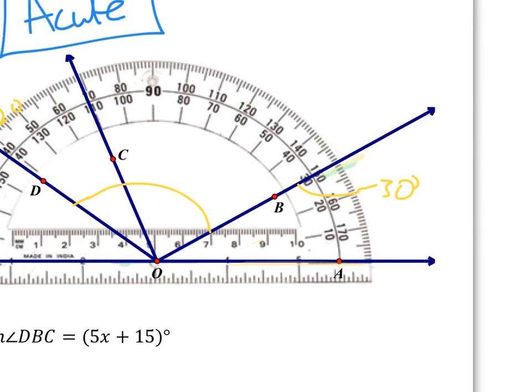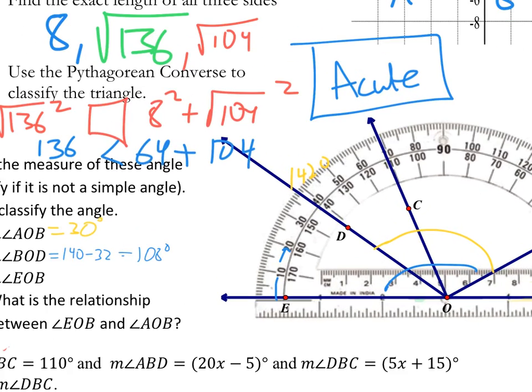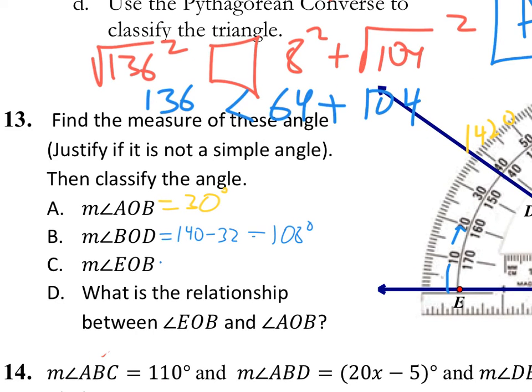And then we've got EOB. Next, EOB. And that is right here. So we just got to make sure we use the right numbers. 0 is on the outside, so we're using outside numbers, and so it's going to be 150. Okay, so the relationship between EOB and AOB, let's look at those.